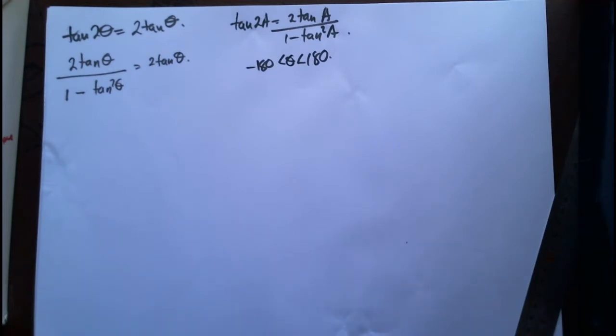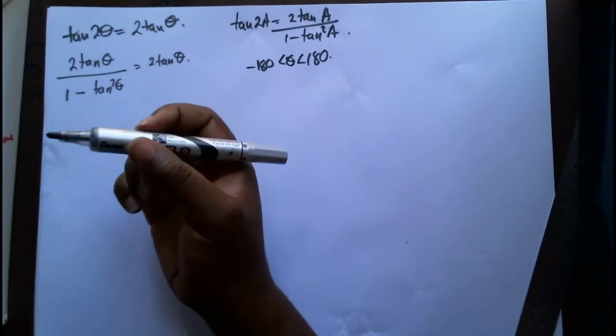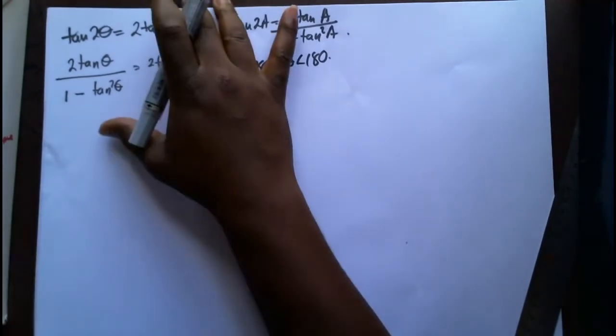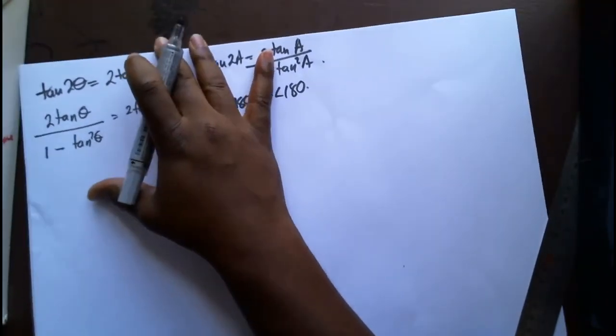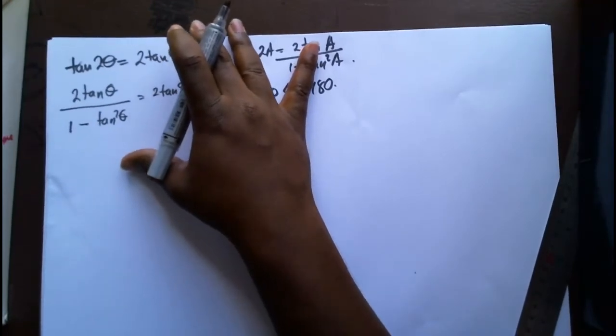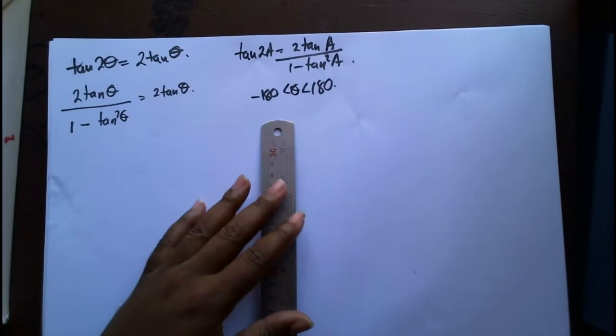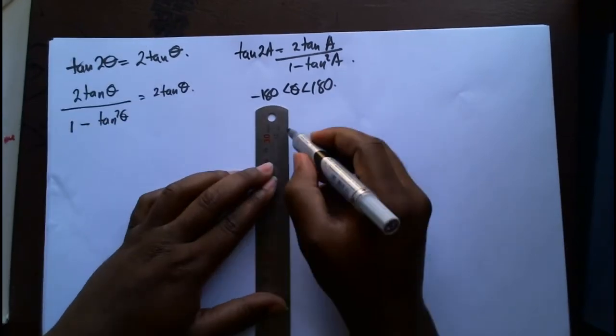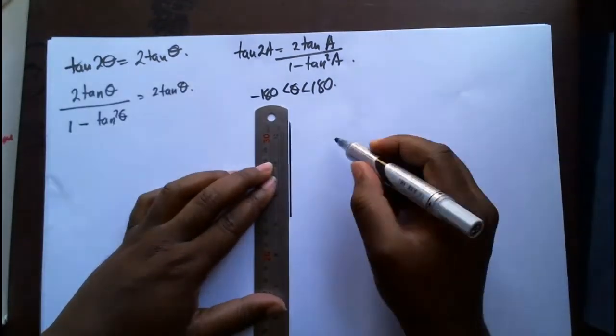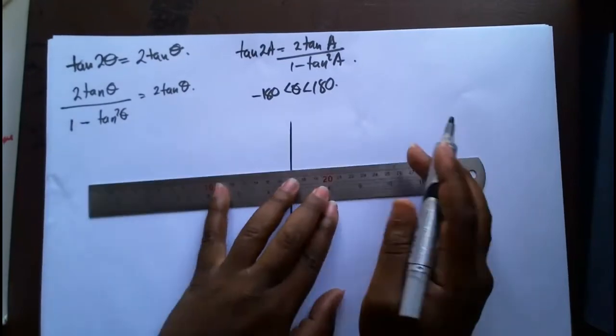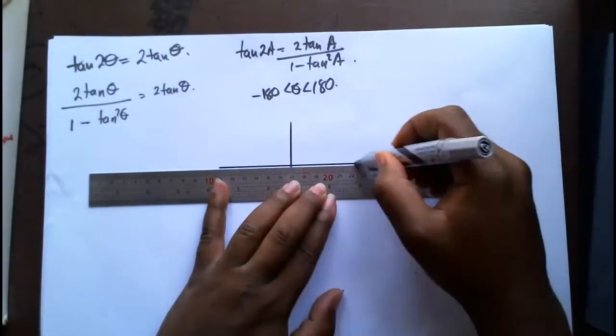With this one, I hope we all know what the graph of tan looks like. There are asymptotes within the range of 180. I'm just going to quickly draw them so that you can familiarize yourselves with them. They are very important.